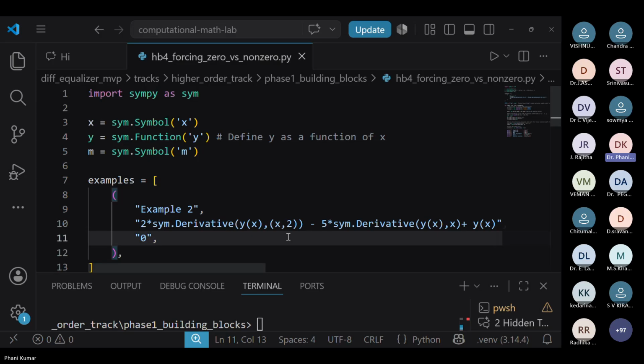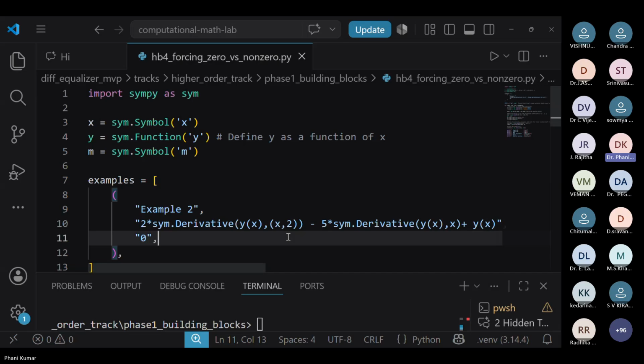Because we already took SimPy as sim, from that library there is a derivative method. We are taking that derivative method. I am calling that method as sim.derivative. This derivative is already there in SimPy. So I am taking that sim.derivative.